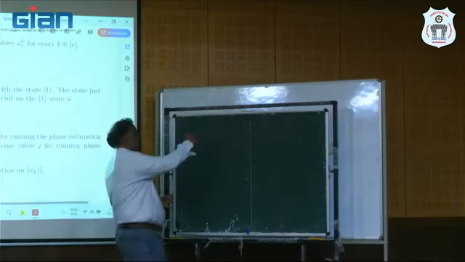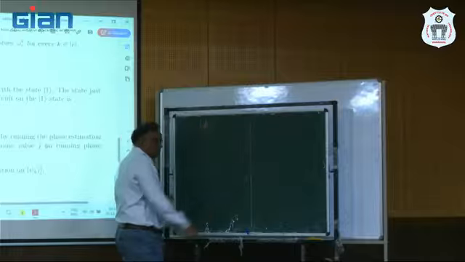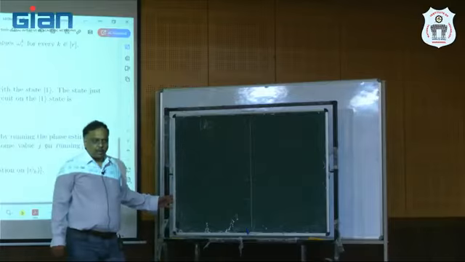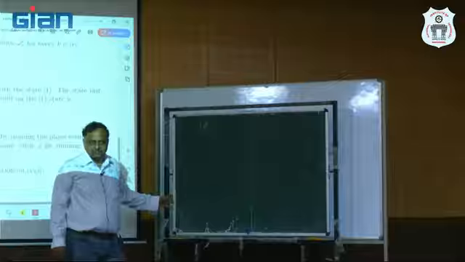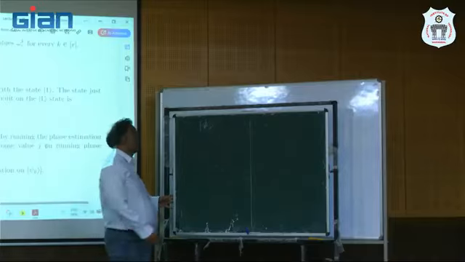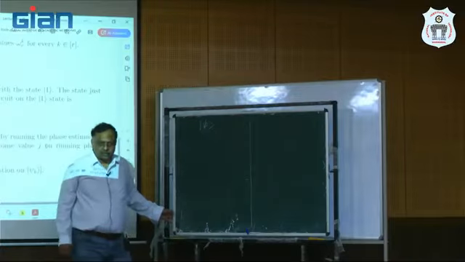When we have some state phi, the probability of measuring 0 on this state phi is what? Sorry, the probability of obtaining any j on this state is what?